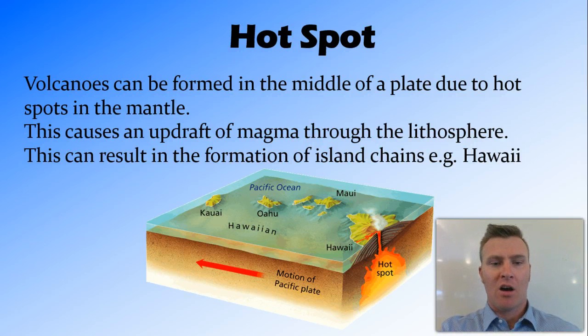the islands of Kauai and Oahu were formed a long time ago when the crust was over top of the Pacific hotspot. Since then, they have moved, and in this case it is to the northwest. Moved to the northwest, then Maui was formed.